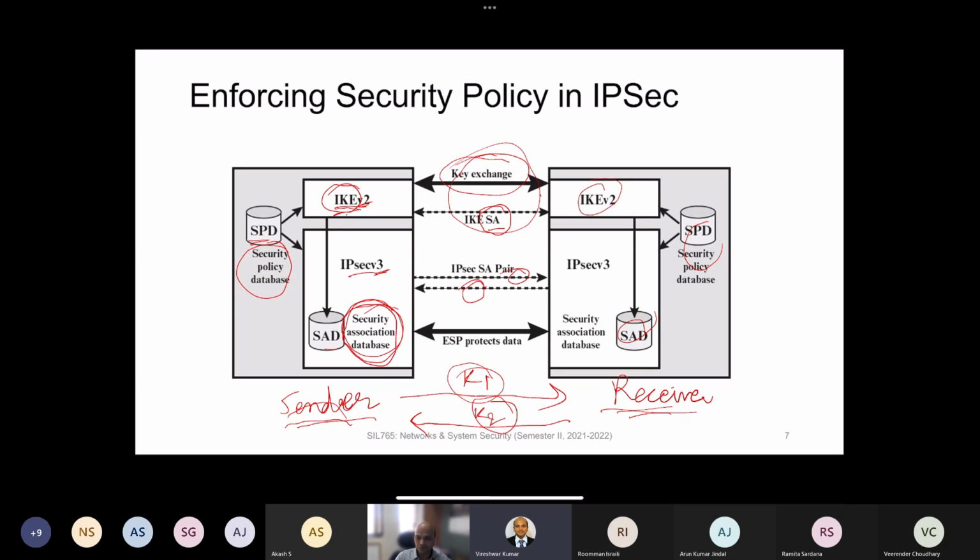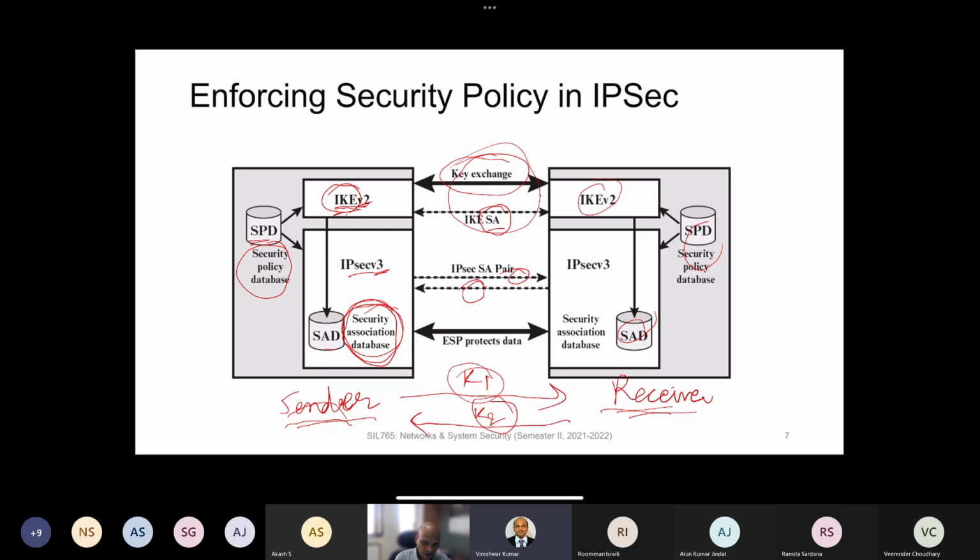We could utilize transport mode, we could utilize tunnel mode, we could have encryption in ESP mode, or we could have encryption and authentication in ESP mode. And in some cases, you might also want to just use the older authentication header method of IPsec. So you have many options, and your sender needs to decide which option to utilize for a particular packet.